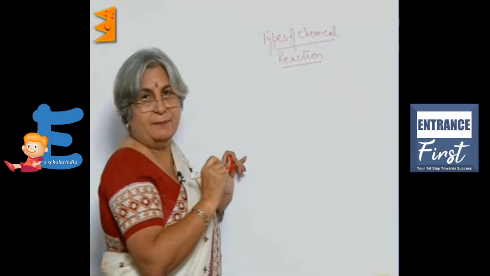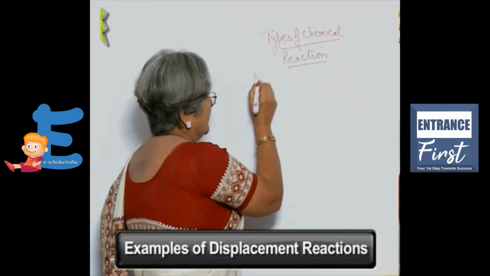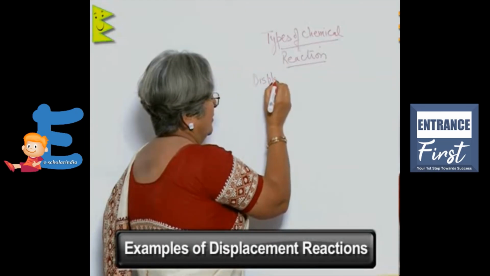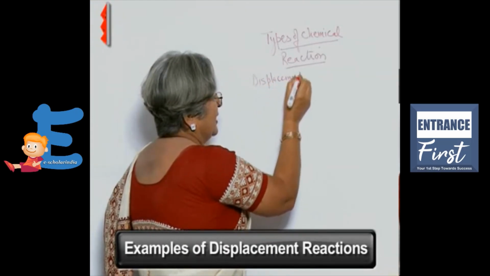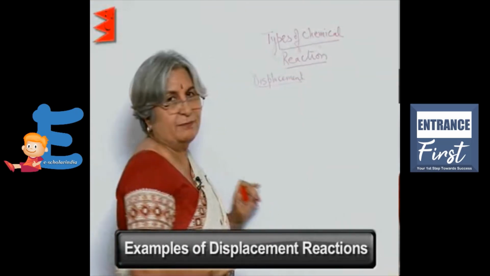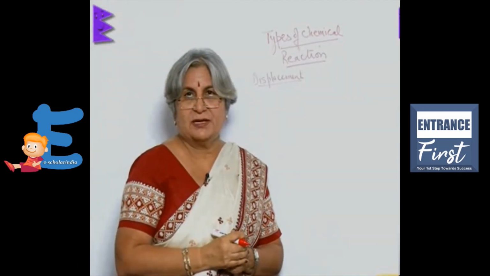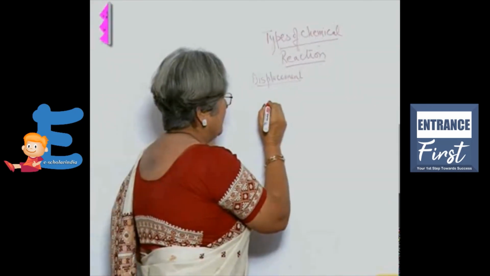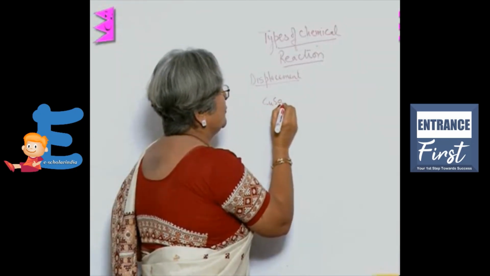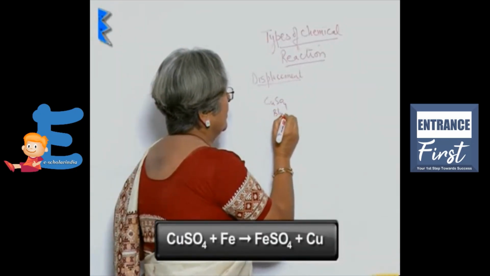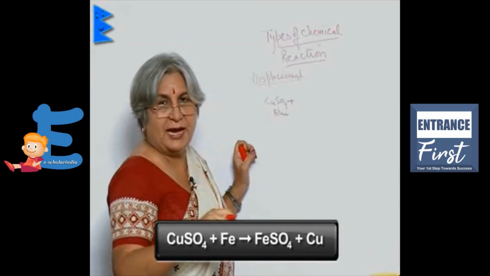There are some more examples of displacement reactions. And this can be shown with a very simple experiment like I just showed you. We take copper sulfate solution. Copper sulfate is blue in color as you saw. And then we put iron nails in it.